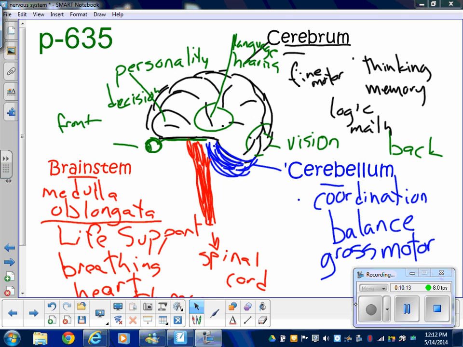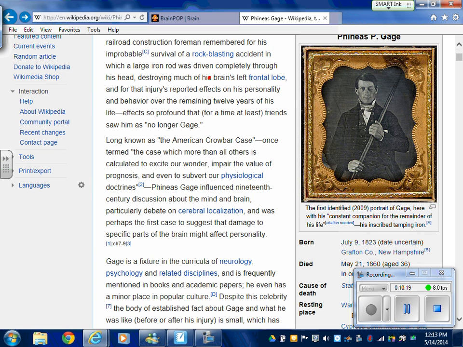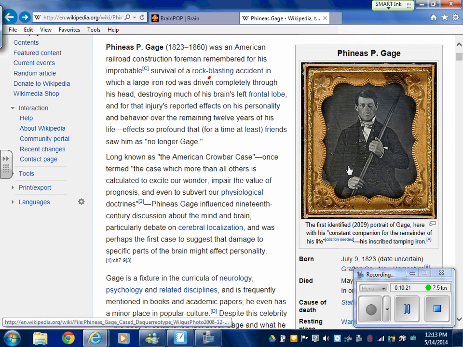There's another amazing example, and this is from back in the 1800s. It's a man named Phineas Gage. Anyone ever heard of Phineas Gage? He was working on the railroad, and the way they blew up the rocks to make way for the railroad is they drill holes in them, and then they'd put gunpowder in it and tamp it down with packing and all that, and then they'd set it off with a fuse.